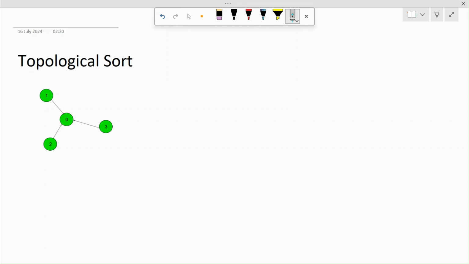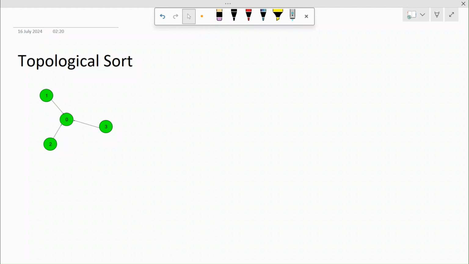Suppose 0, 1, 2, 3 are all some tasks, but 0 can only be completed when 3, 2 and 1, these three, are completed. That's where topological sort comes into the picture. We sort in the order in which the tasks should be completed, right?